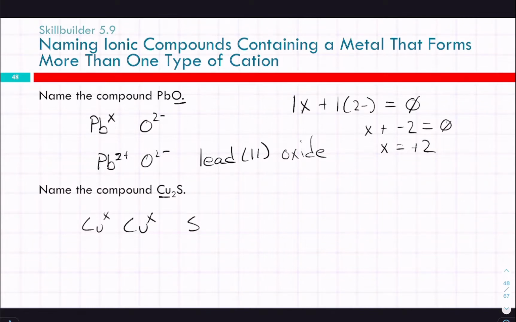And then we have 1 sulfur atom with a 2- charge. So if our sulfur has a 2- charge, then what does each of these have to be to balance it out? 1+. Yeah, 1+. Because 1 + 1 will give us +2, which is the same magnitude, opposite charge of the sulfur. So the name for this one is going to be copper(I) sulfide.